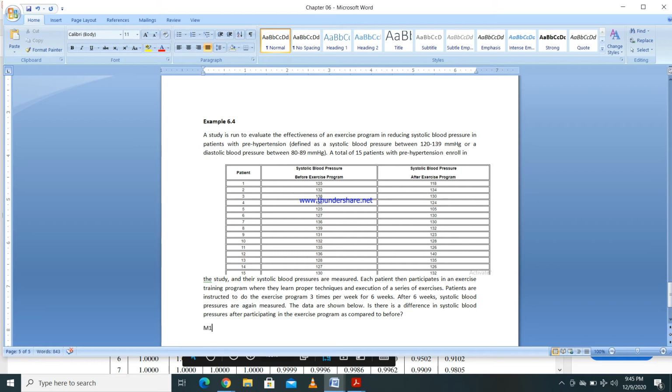So let's take M1 as the median systolic blood pressure before the exercise program, and M2 as the median systolic blood pressure after the exercise program.